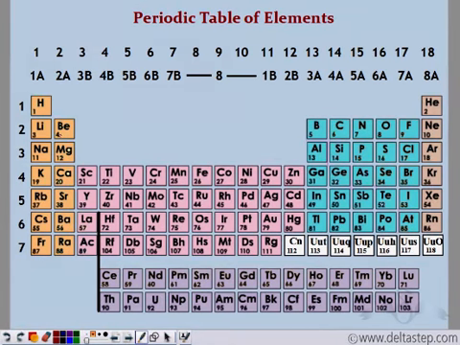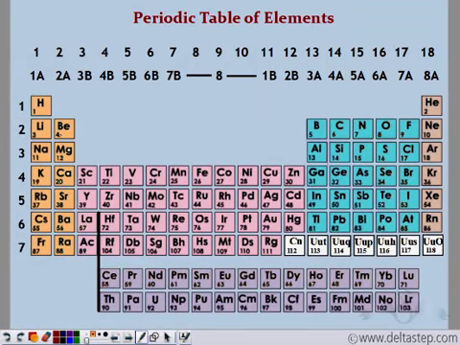If you add 1 proton to beryllium, it becomes boron. So as you change the number of protons, the element no longer remains the same. It changes into another element. So the atomic number, that is the number of protons for each element, is unique. And therefore, this was used as a property to classify the elements in the modern periodic table.